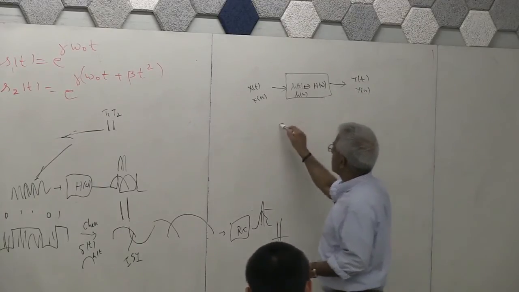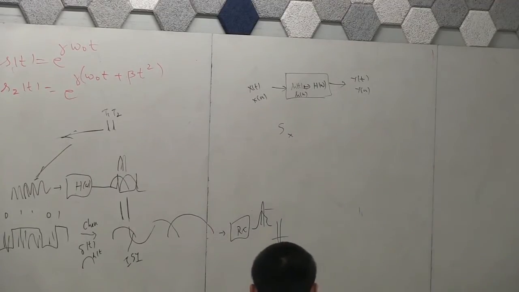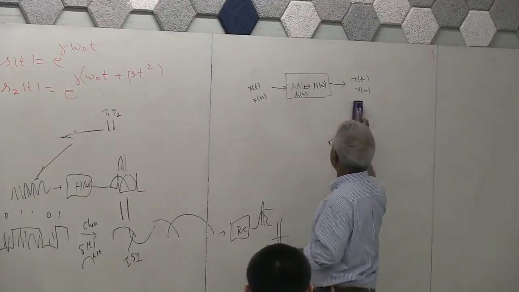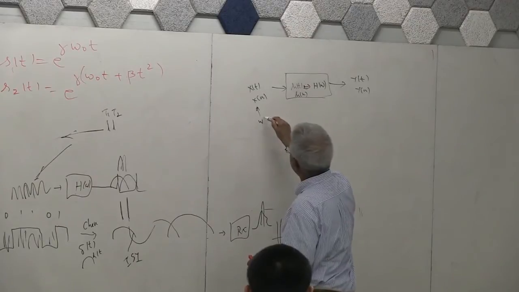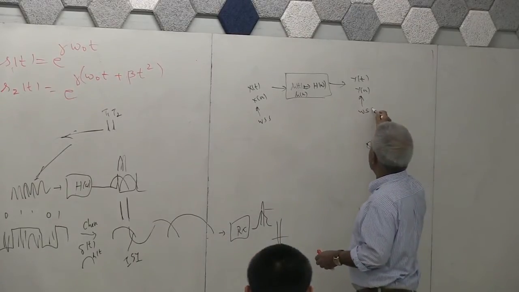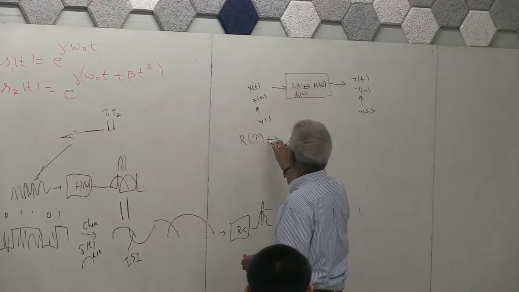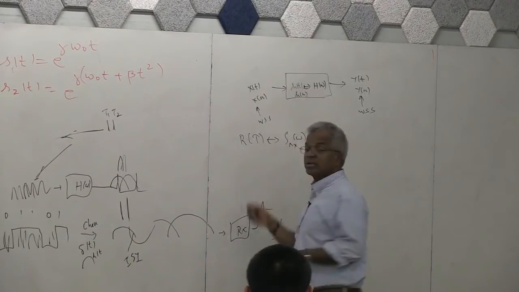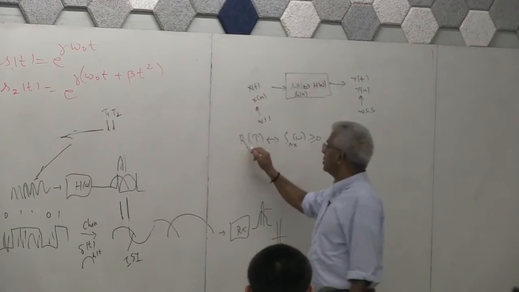What we have learned is the output power spectrum. If this is wide-sense stationary, as we learned a couple of weeks back, it implies the output is wide-sense stationary, right? And then you have the autocorrelation. Its Fourier transform is the power spectrum. What we showed is that the Fourier transform of any autocorrelation function is non-negative.